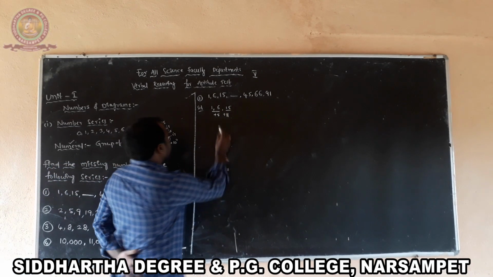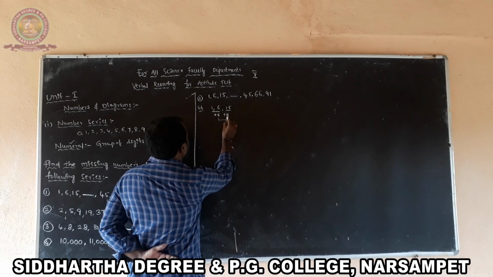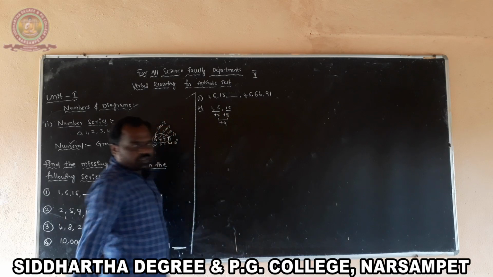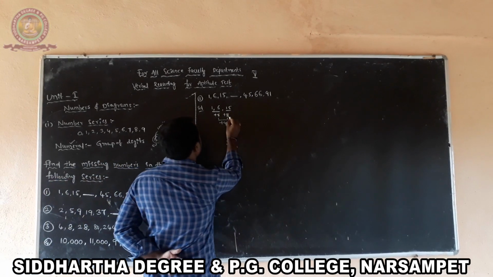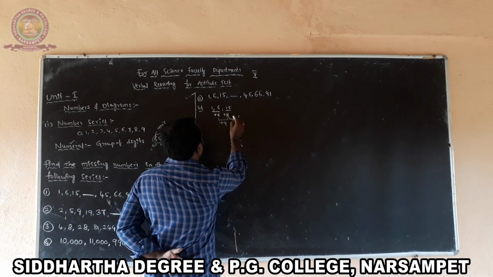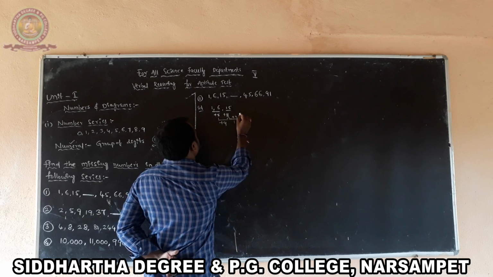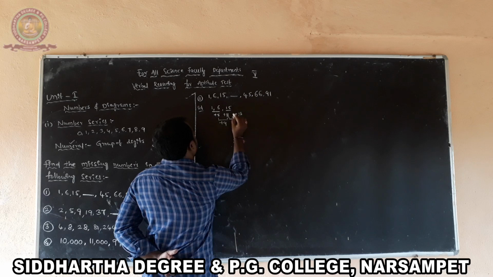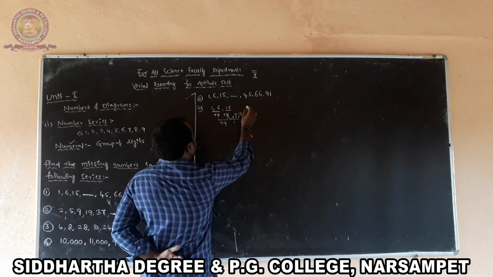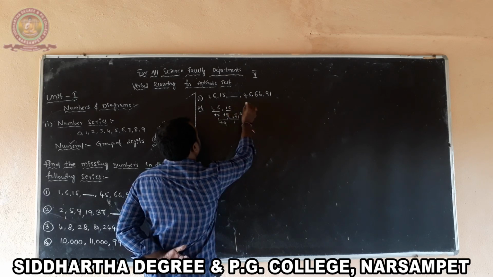The difference between the two differences is 4, since 5 plus 4 is 9. The next one is 9 plus 4, that is 13. So 15 plus 13, that is 28.